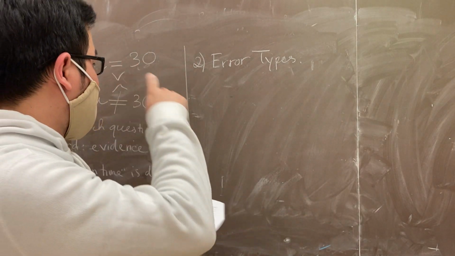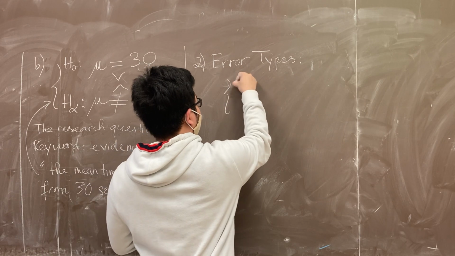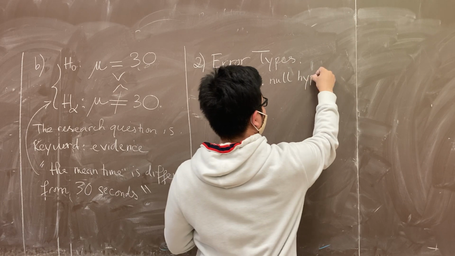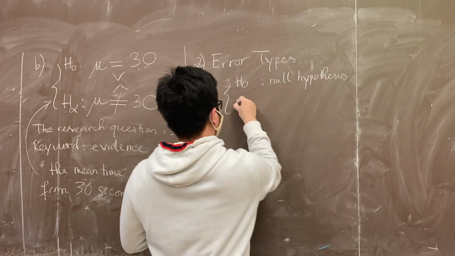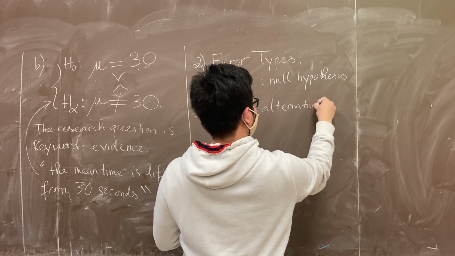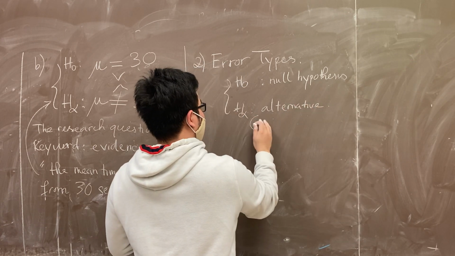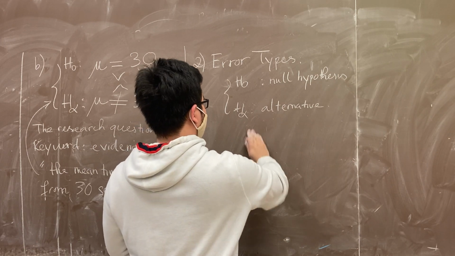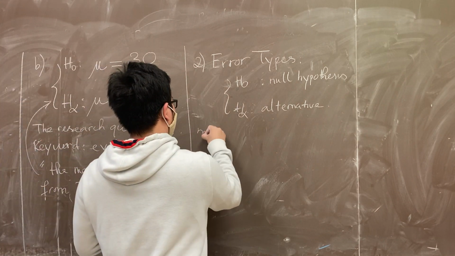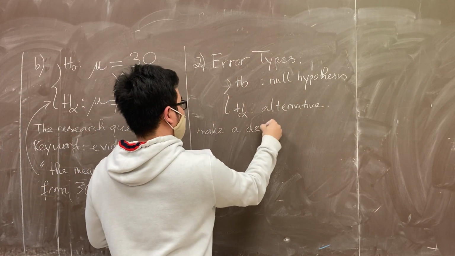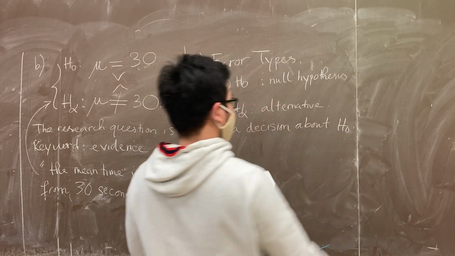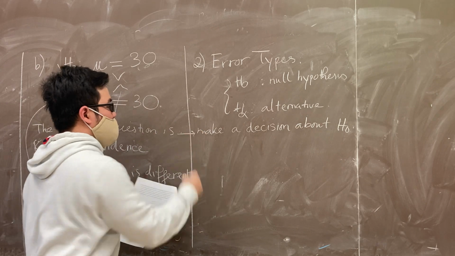When we have the hypothesis like this, we have H0, the null hypothesis, and we have the alternative hypothesis. This is what the research wants to do. And then we will make a decision about the null hypothesis.